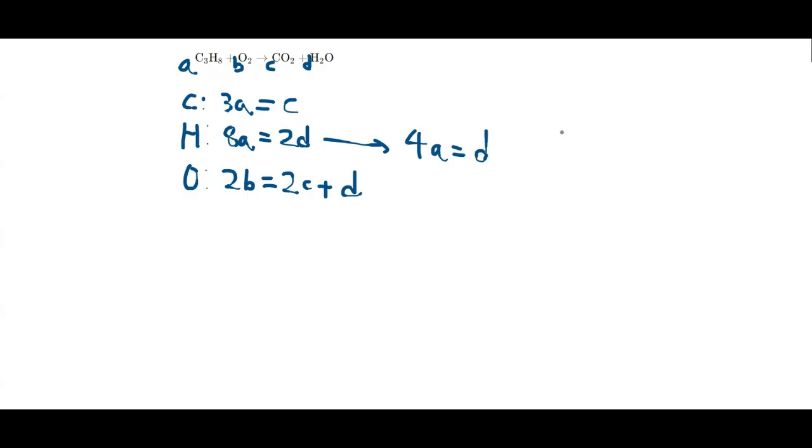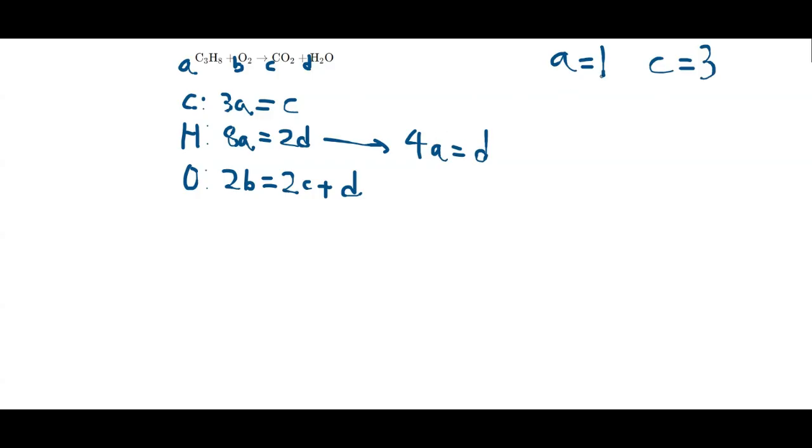I'm going to go ahead and try putting A is equal to 1. Since if I put A is equal to 1, I could get a clean integer number for C. So C is 3.